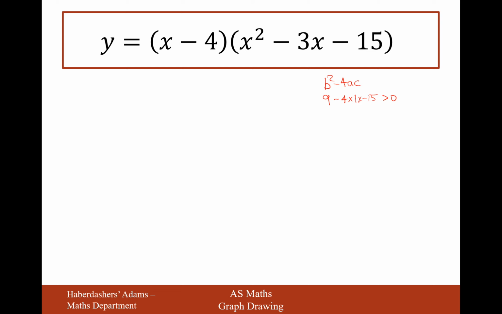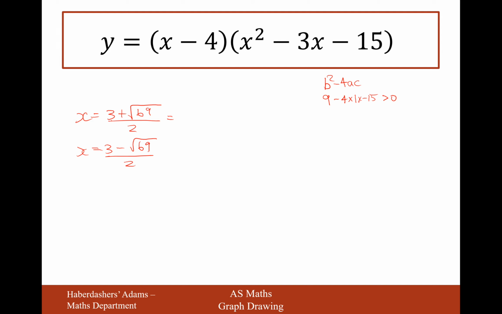So it's going to be 3 plus root 9 minus 4 times 1 times minus 15 all over 2. And we get a root here of 3 plus root 69 over 2, and the second one's going to be 3 minus root 69 over 2.